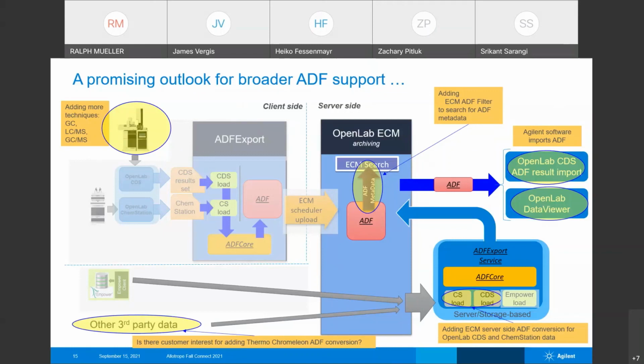We're also thinking of having, in the third party setting, more than Waters Empower converted. So thinking of Thermo Chromeleon, for example, but also others. This will be mainly driven by customers' requests.